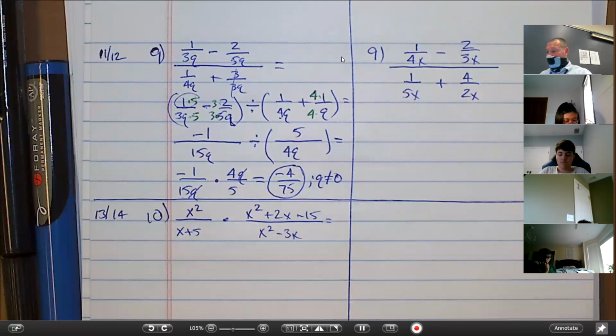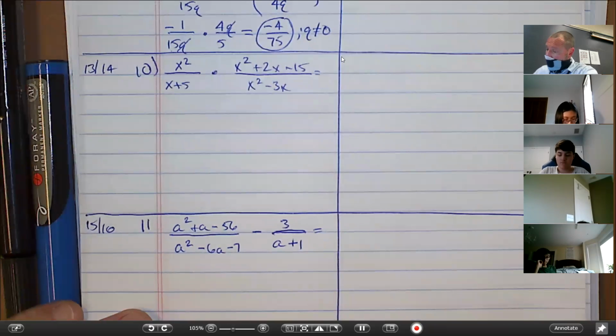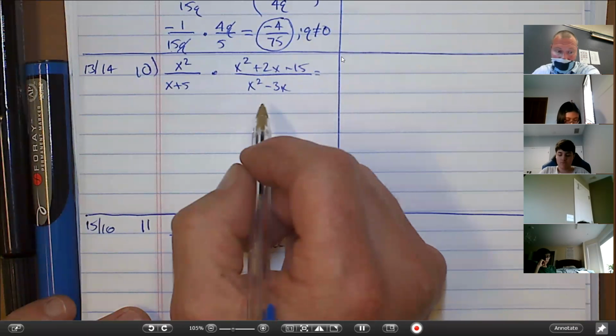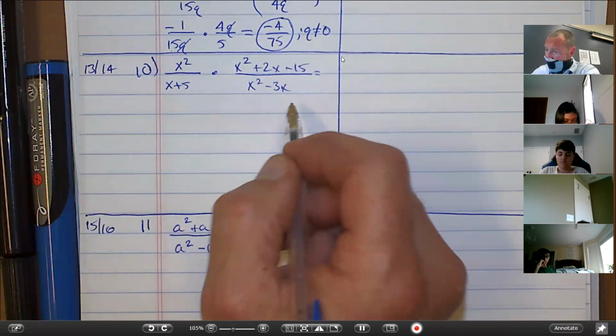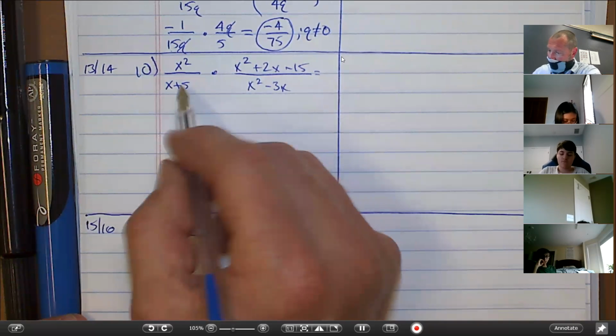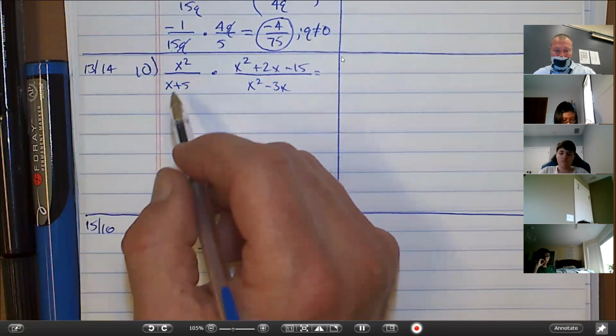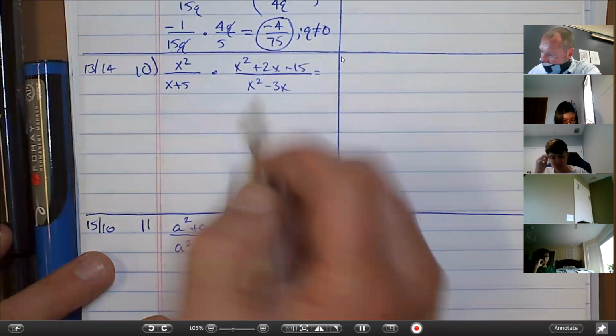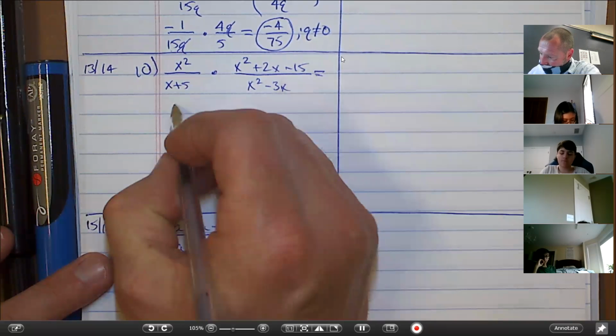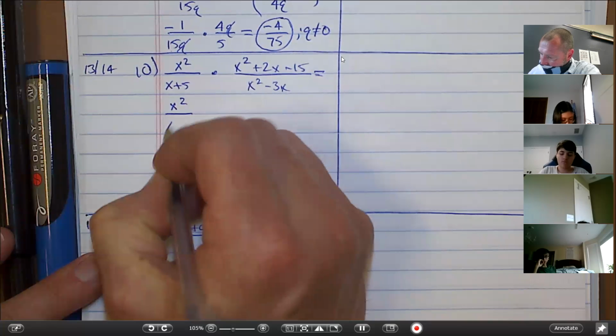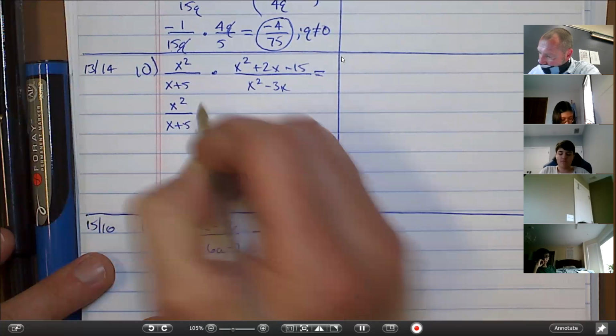Question number 10, I'm going to try to simplify as I go. This first fraction is already simplified. There's not too much I can do to simplify it, so I'm just going to rewrite it. So I'm going to have x squared over x plus 5 times.